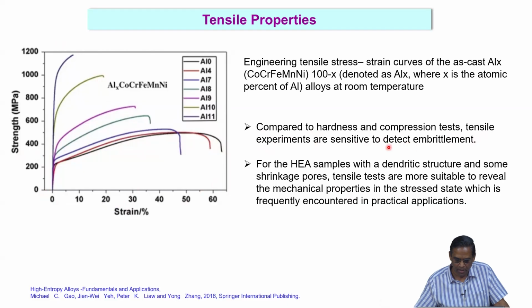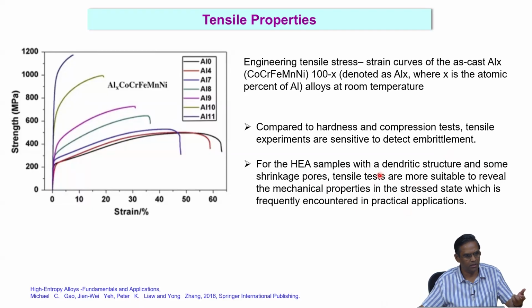That is why it is written, compared to the hardness and compression test, tensile experiments are sensitive to detect embrittlement. Do you know why? In tension, you always try to increase the stress concentration at any defect present, so that will facilitate fracture very fast.